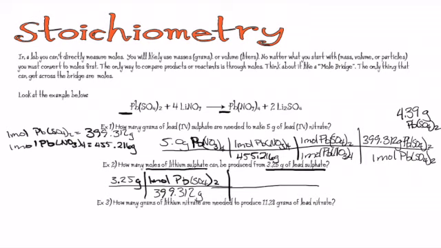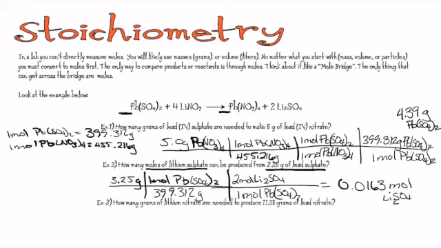Now we can use our mole ratio between lithium sulfate and lead sulfate, which is 2:1. So for every 2 moles of lithium sulfate that is produced, we use 1 mole of lead sulfate. So we end up with 0.0163 moles of lithium sulfate.